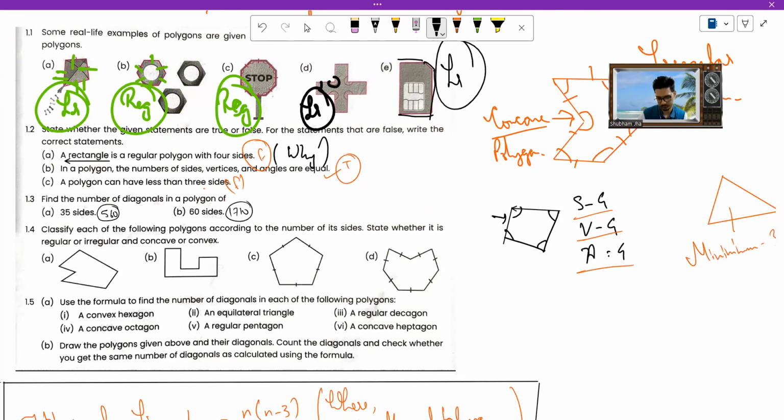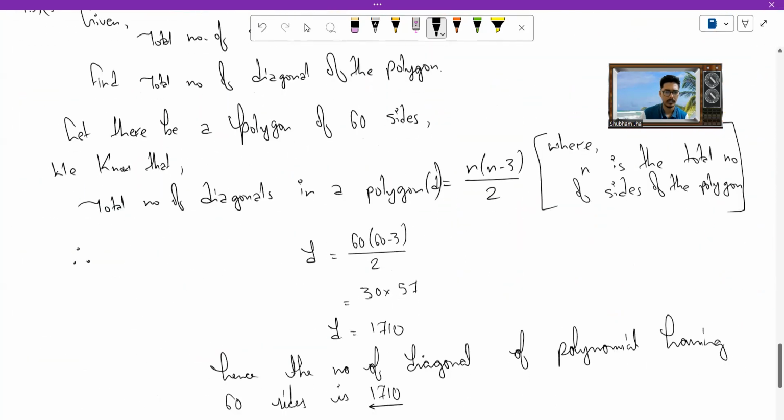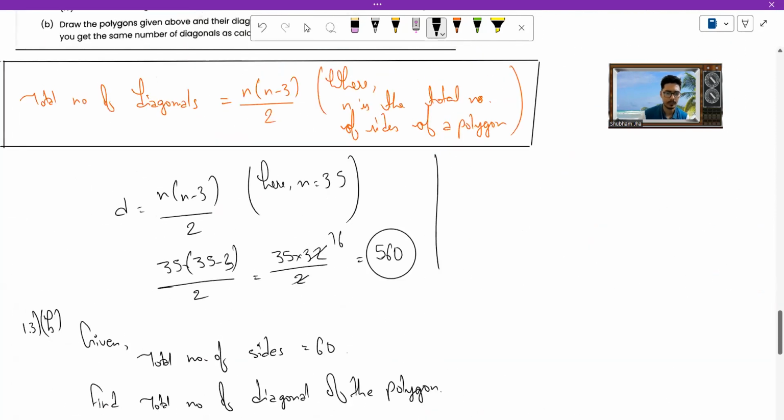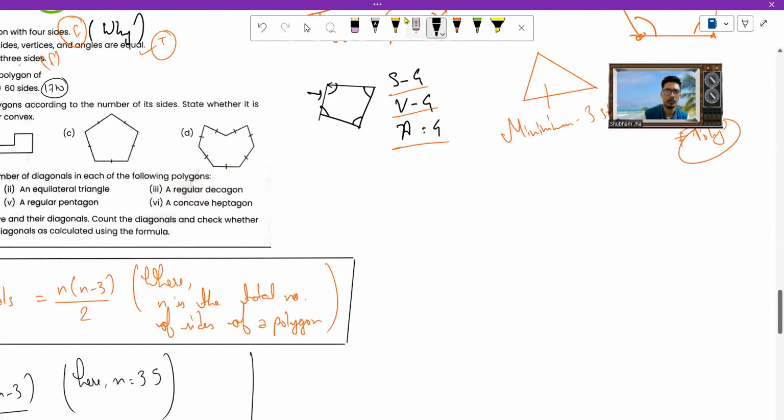Now, if you look into the question: classify each of the polygons according to the number of sides, regular and irregular, and concave and convex. One of the tricks of finding concave and convex is this. Let's draw a polygon.